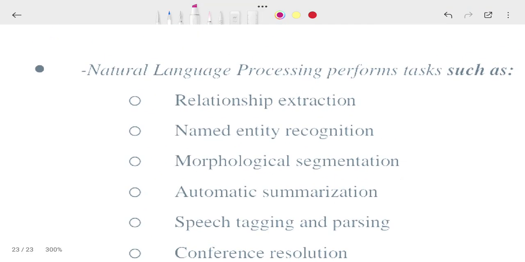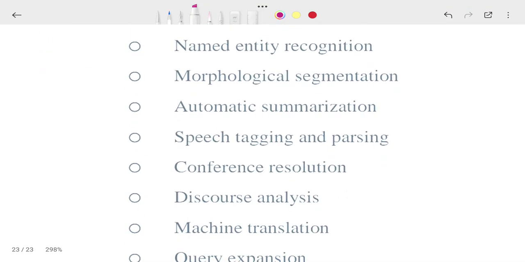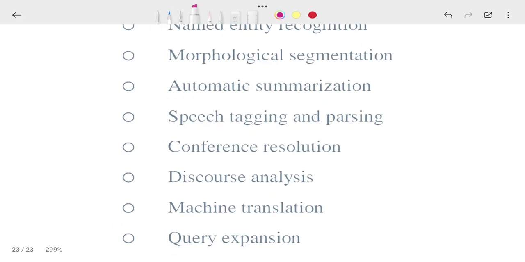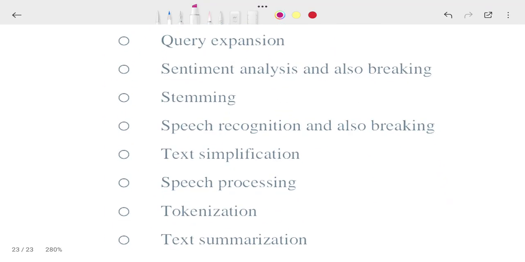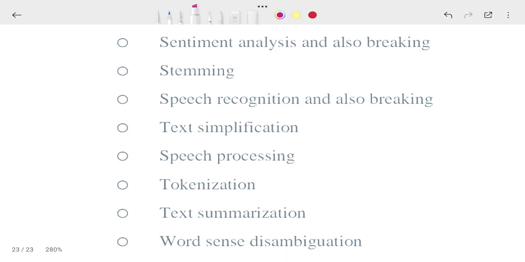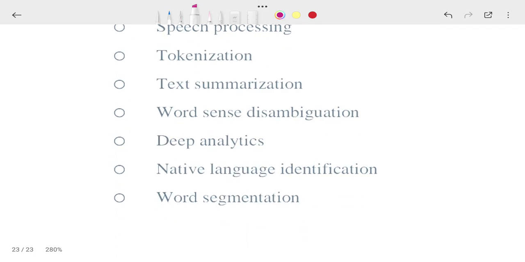There are many topics, and we can also write such research and publish it.